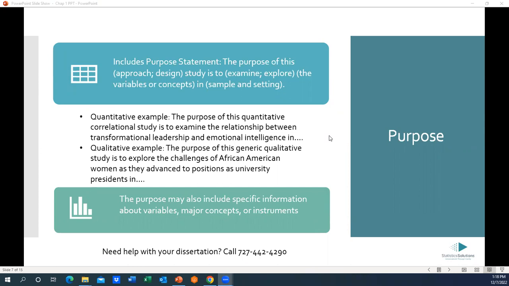So the first sentence in this purpose section should be the purpose statement, which should sound something like this: The purpose of this approach, design, study is to, and we can talk about verbs in a minute, examine, explore, investigate the variables or concepts, whatever you're looking at, in whatever sample or setting you're using.